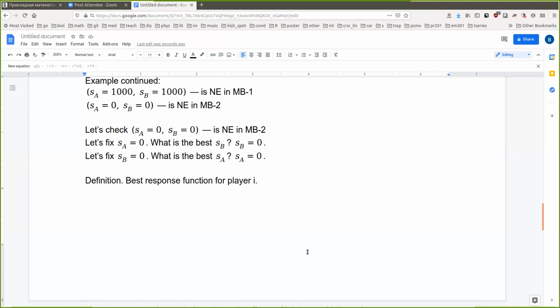Basically, the best response function for player I describes what is better to play for player I given the choice of all other players.